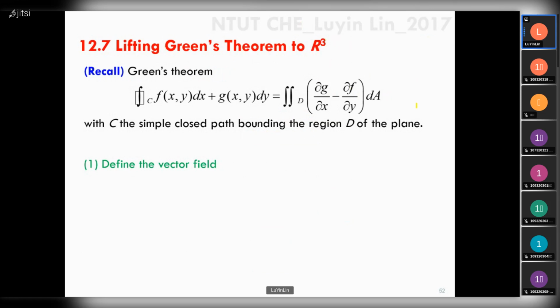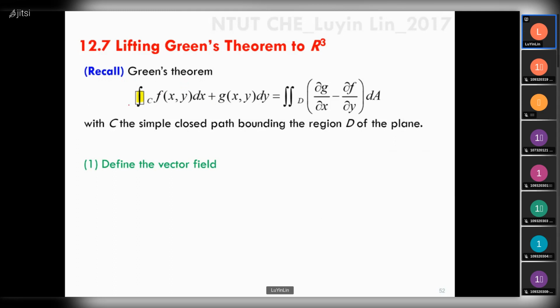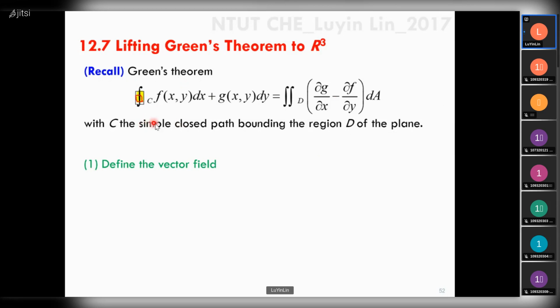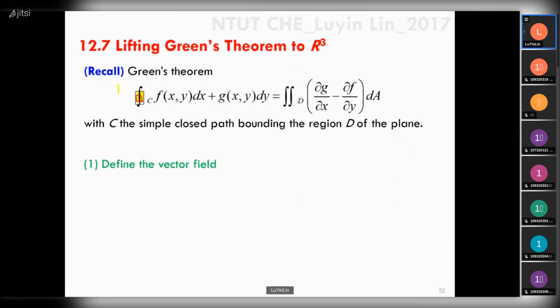Okay, so now I'm deriving this equation. So recall Green's theorem. This is a circle, okay, this is a circle, and this is a circle. Okay, so this is Green's theorem. You can see, if you remember, Green's theorem is to convert a single integral to a double integral, so it is a one-dimensional integral to a two-dimensional integral.